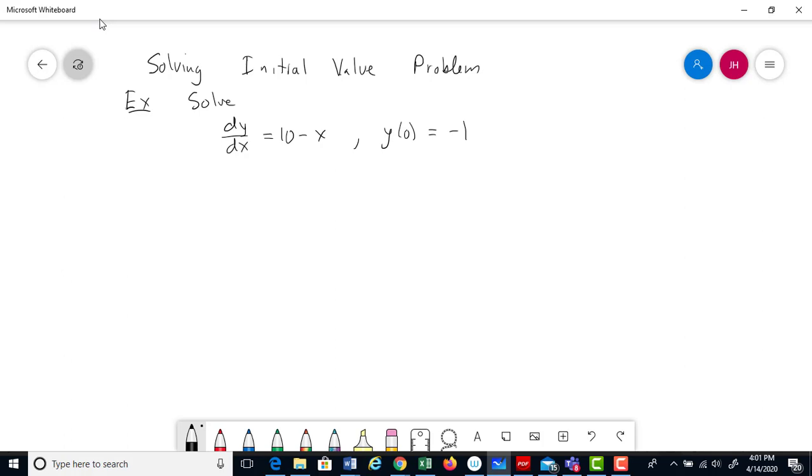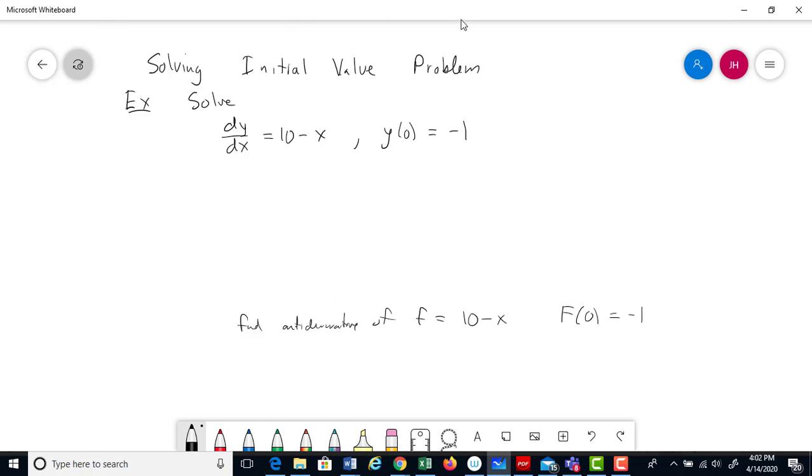Now, I gave you something very similar before. What I did is I said, find the antiderivative of f, which is equal to 10 minus x, where capital F of 0 is equal to negative 1.